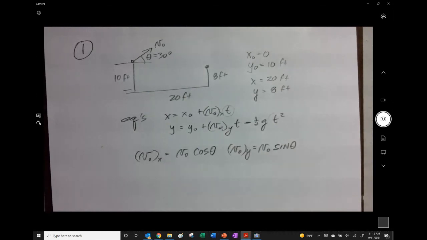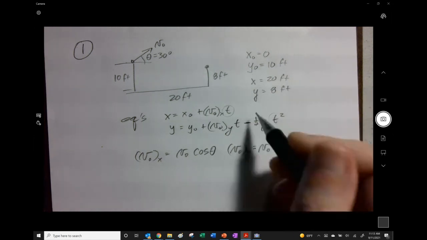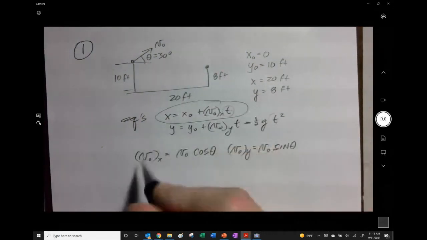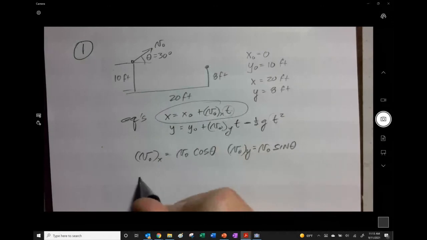The thing we want to remember in projectile motion problems is we have two almost independent motions, one in the vertical, one in the horizontal. The only thing they have in common is they're happening at the same time. So they're linked together by time. So we'll go ahead and just solve for time here.